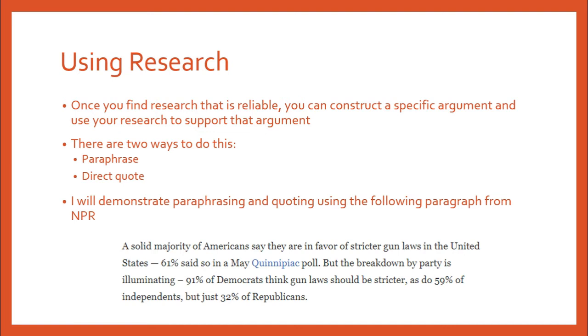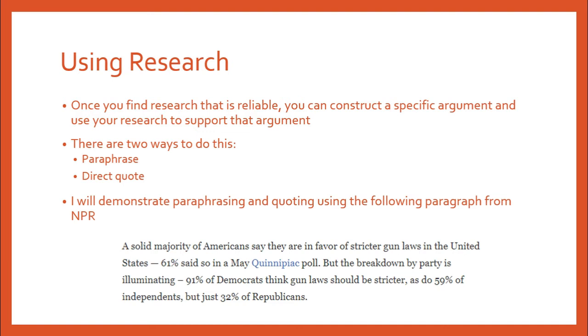So after you find your research and you've made sure that it is reliable, then you can construct a specific argument, either for or against a specific course of action.